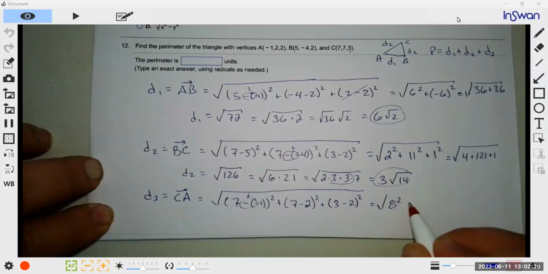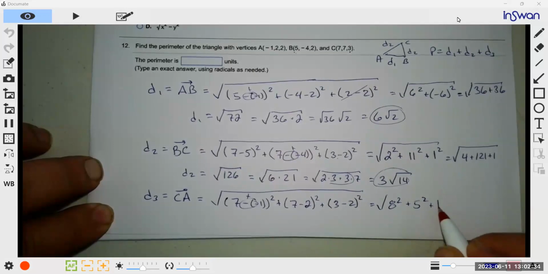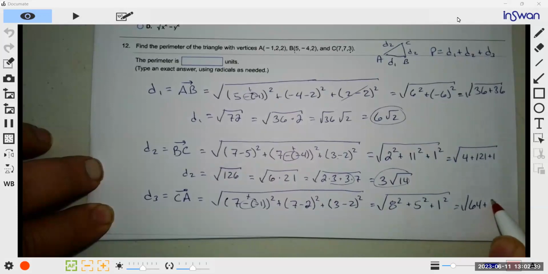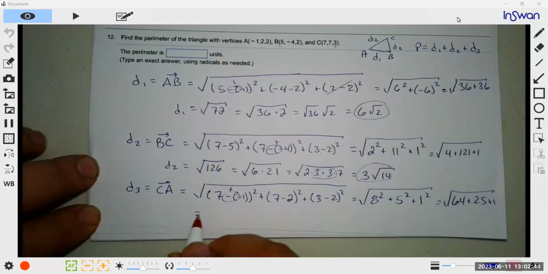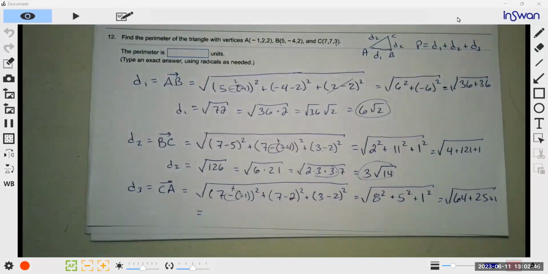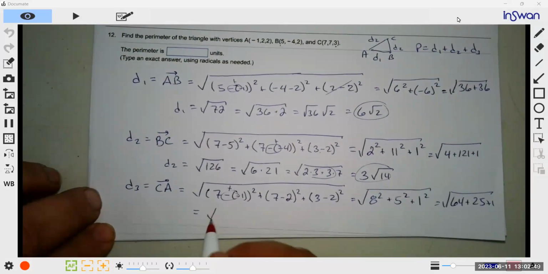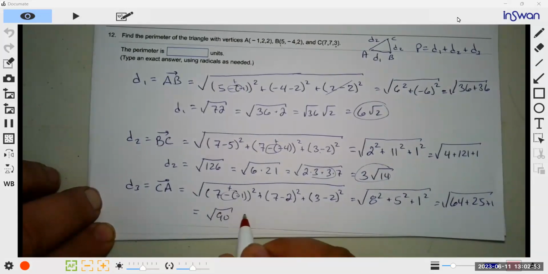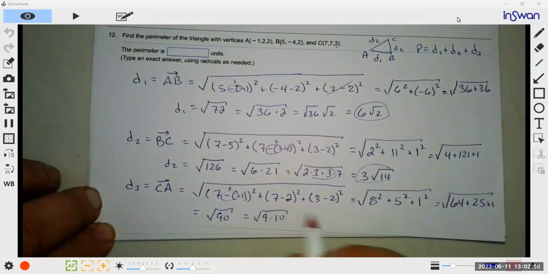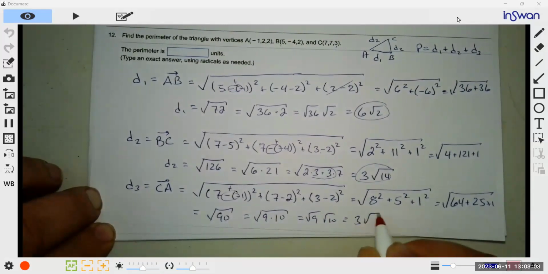So we have 8 squared. 7 minus 2 is 5 squared. 3 minus 2 is 1 squared. 64 plus 25 plus 1 is 90, so square root of 90, which is the same thing as square root of 9 times 10. Square root of 9, square root of 10, which is 3 radical 10.